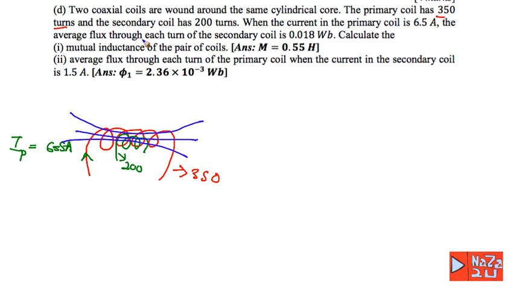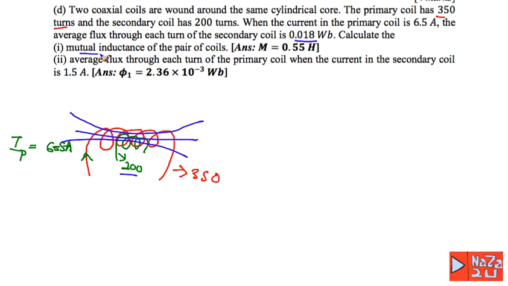And the average flux through each turn of the secondary coil is 0.018 Weber. So the flux produced by the primary coil passing through the secondary coil is 0.018. So this is the flux linkage to the secondary coil.